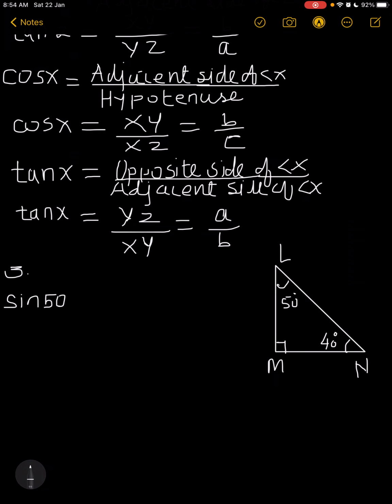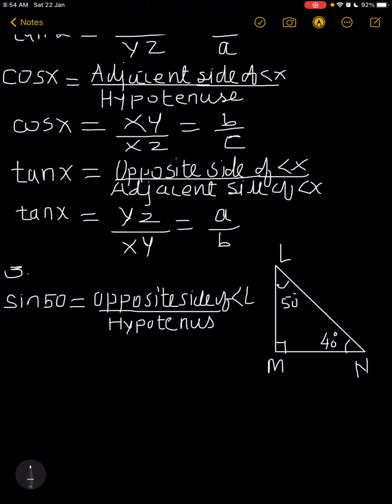You all know 50 degrees in the diagram is the measure of angle L. So I should take the opposite side of angle L. The opposite side of angle L and the hypotenuse we will divide for the sine 50 ratio. Who is the opposite side of angle L? MN. Who is the hypotenuse? LN. Though I have not written it in the diagram, you know it now.